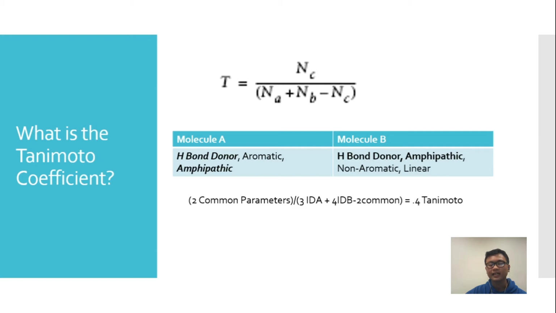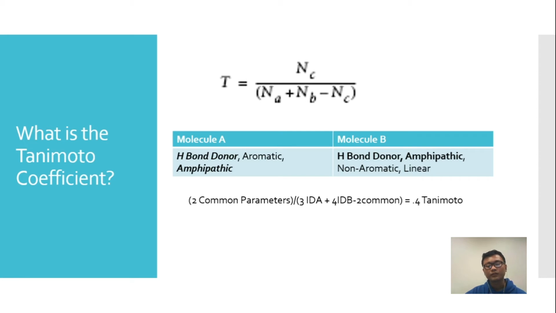Molecule A is a hydrogen bond donor, aromatic and amphipathic, and molecule B is a hydrogen bond donor, amphipathic, non-aromatic, and linear. The N of C refers to how many parameters are common between the two molecules. So they're both hydrogen bond donors and amphipathic, so N of C is 2.